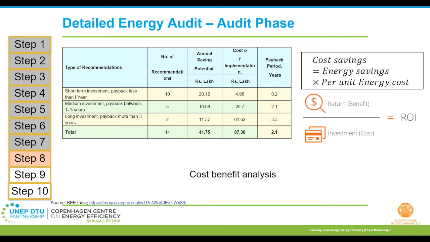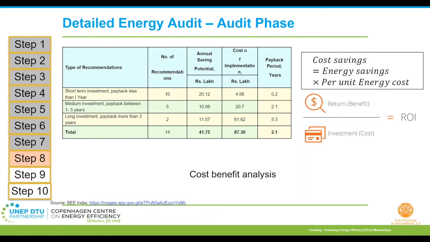So it's not just about technical analysis. It is important that we do a cost benefit analysis also to understand the feasibility. Yes, there is enough efficient equipment or technology present in the market, but to what extent it is useful and feasible to you also matters.